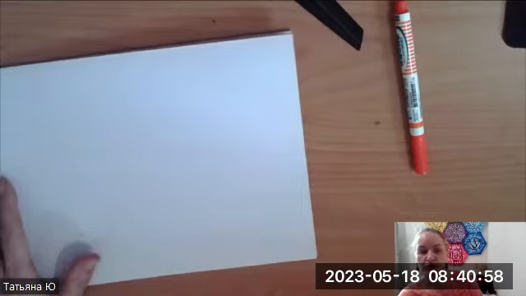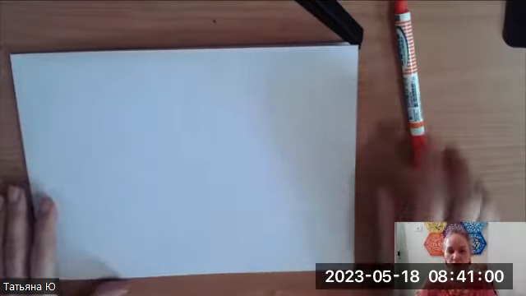Okay. So today we are going to draw chakra, and wait for me. I will turn the camera to the picture. Notice your feeling. How do you feel? Okay. So here it is.